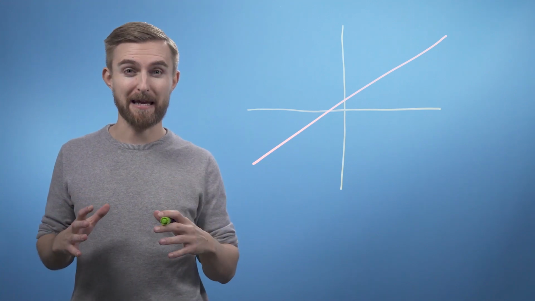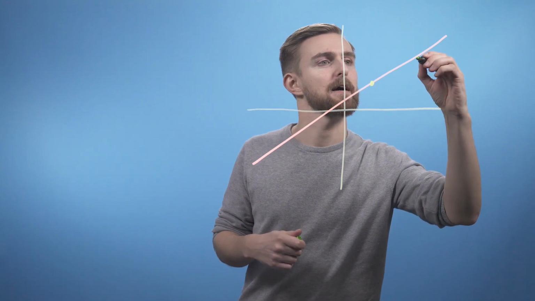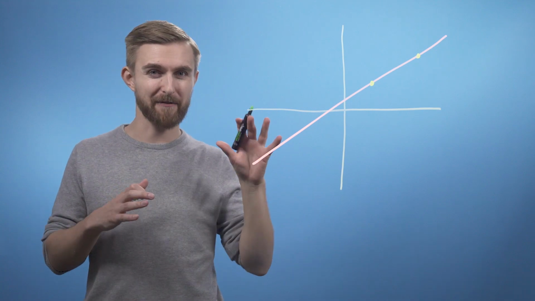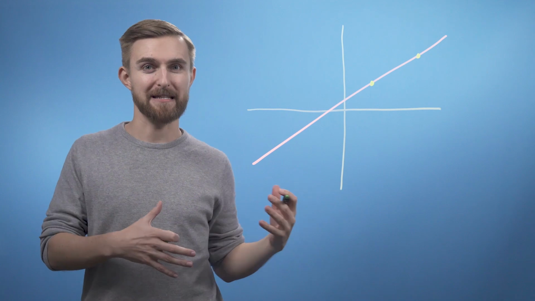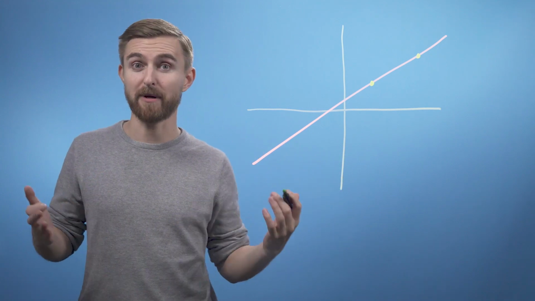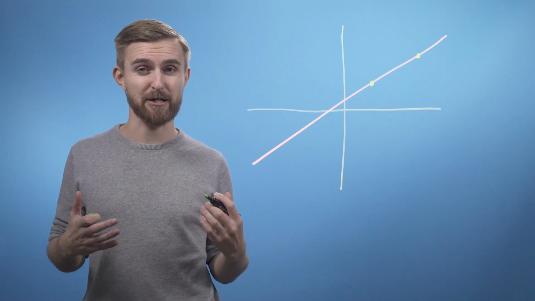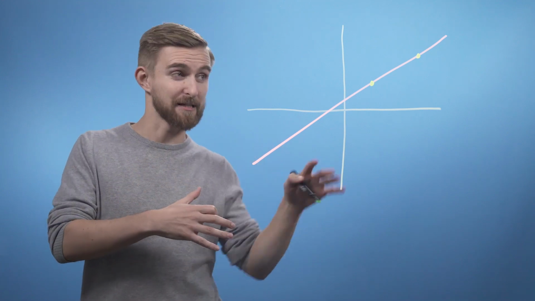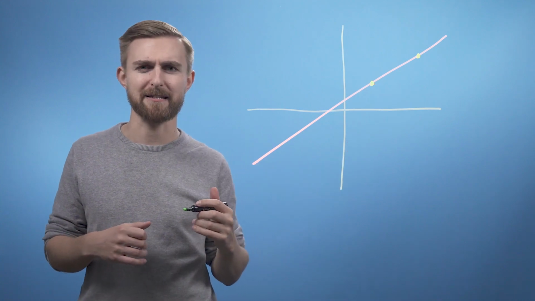So if we start by picking any 2 points, let's say here and here, we can then say that the gradient of this line is equal to the amount of that function that increases in this interval, divided by the length of the interval that we're considering. This description is often just condensed to the expression rise over run, where rise is the increase in the vertical direction and run is the distance along the horizontal axis.